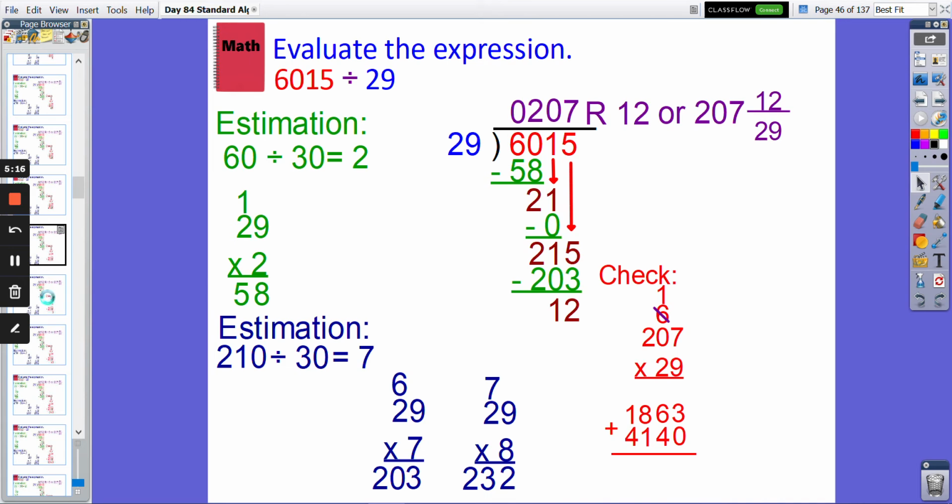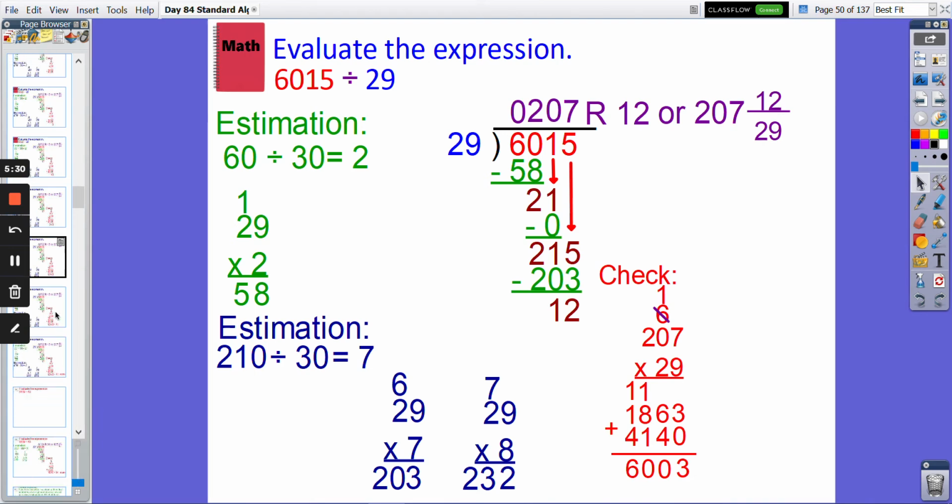Multiply and then add, and we get 6,003, and then we are going to add in our 12 because that was our remainder, and we end up with 6,015. So we are correct.